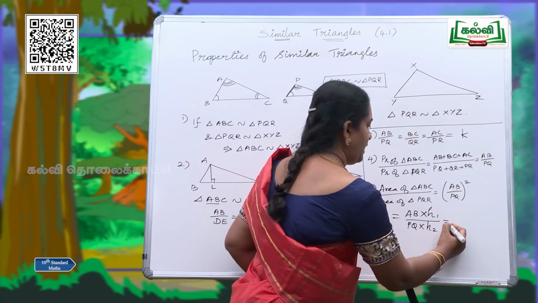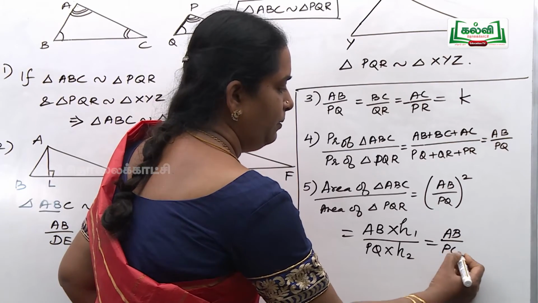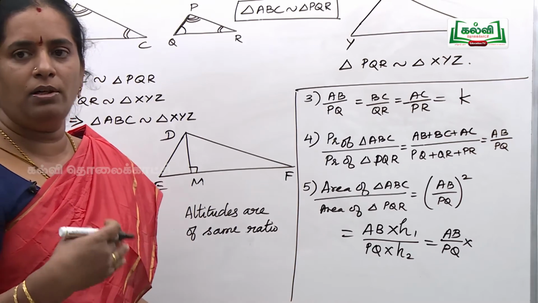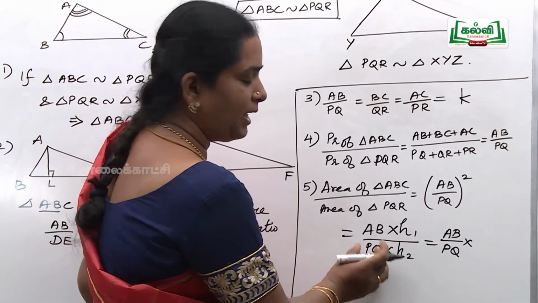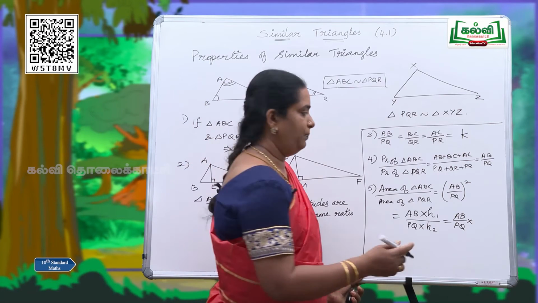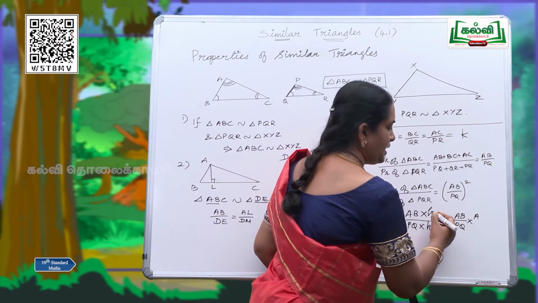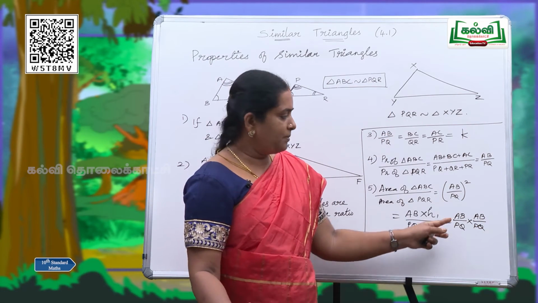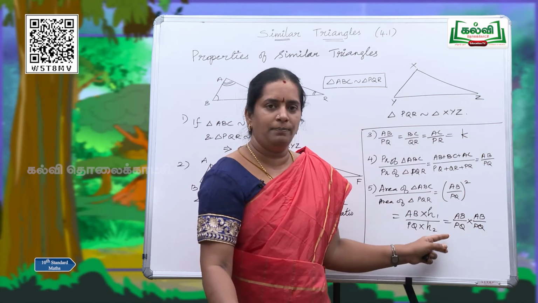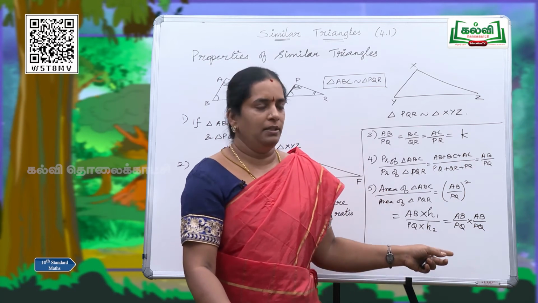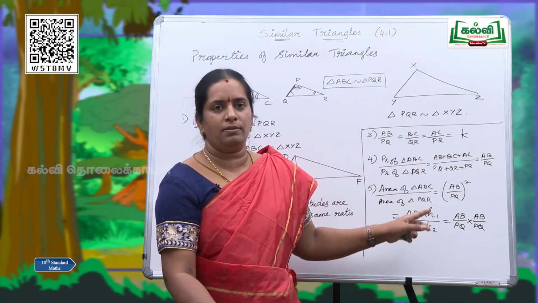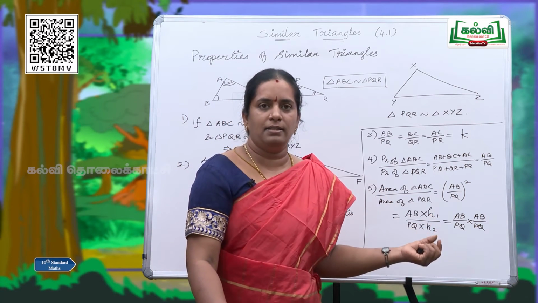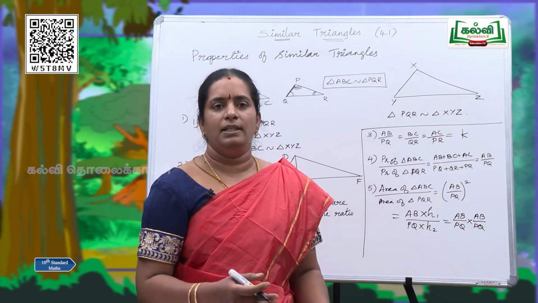So let us replace H1 by H2 with AB by PQ. Which becomes AB squared in the numerator, PQ squared in the denominator, which means AB by PQ the whole square. So it says that the ratio of the areas is the square of the ratio of the sides.